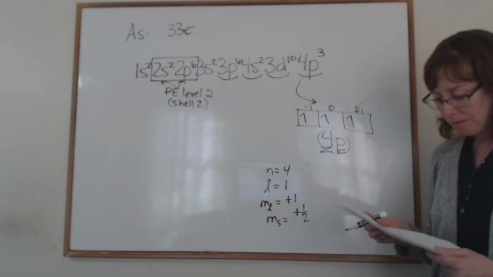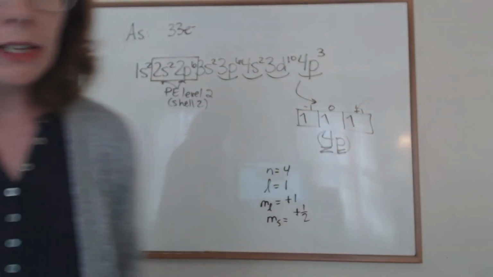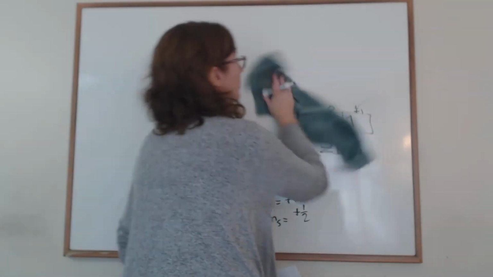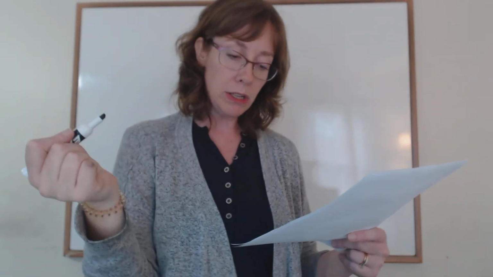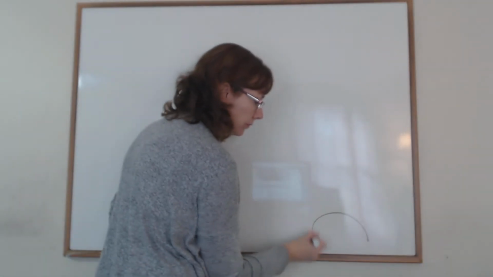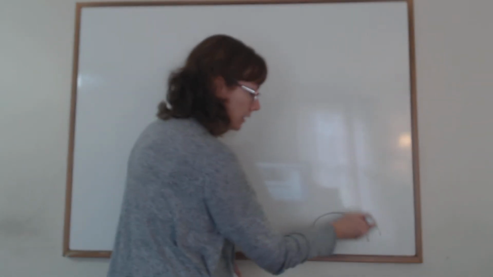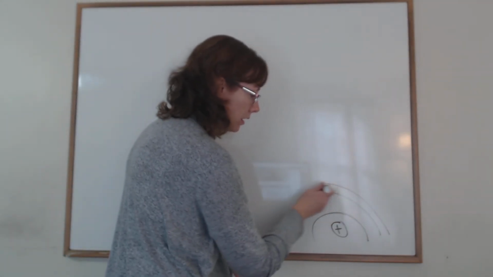All right. Next question is electron transitions. Probably one of the harder types of questions. Let's take a look here. If an electron transitions from n equals 1 to the n equals 4 energy state, okay, so we have a hydrogen atom. Here's its nucleus, 1 proton in its nucleus. It's got n equals 1, n equals 2.